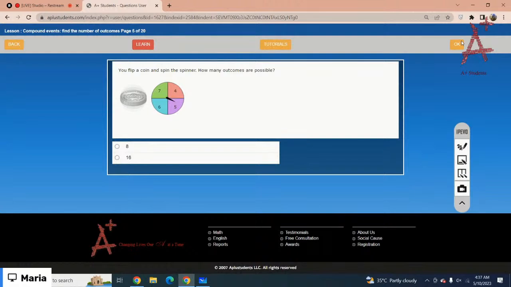It would be 2 times 4 because the coin has two outcomes and the spinner has 4. That means the total outcomes for both the events are 8. Got it?